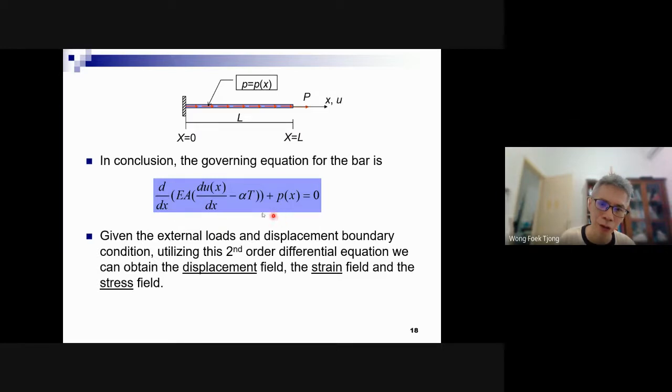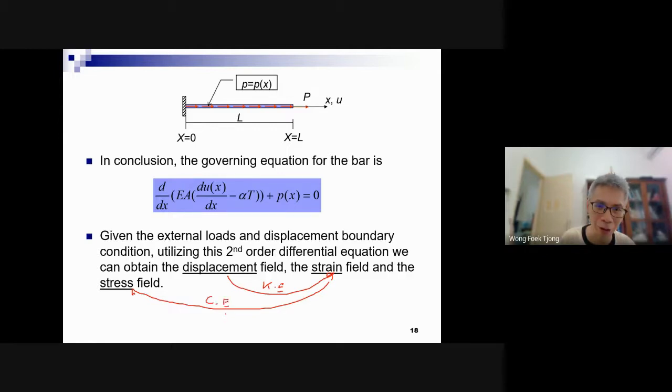We can use it to find first the displacement, and then once we know the displacement, we can use the kinematic equation to obtain the strain, right? And once we know the strain, we can use the constitutive equation to find the stress.